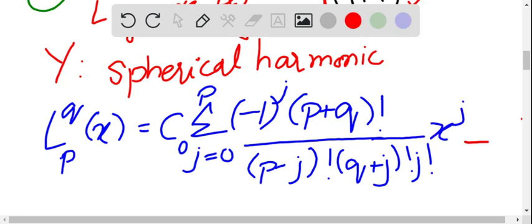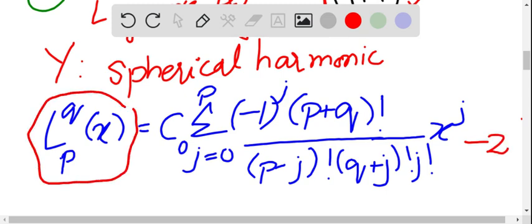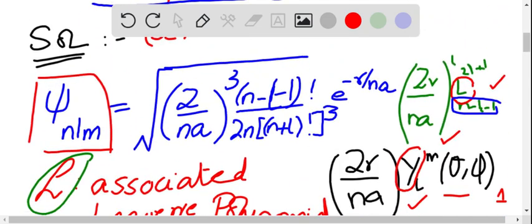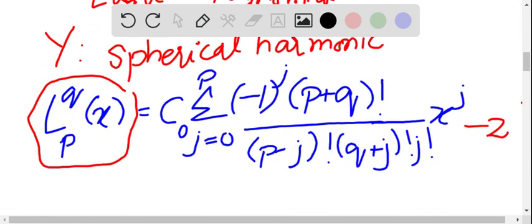So let's say that this is equation 2. This is the general form, and over here we have written it in a form very much similar to it. It has a sub part and a power part. So this is the equation for L.